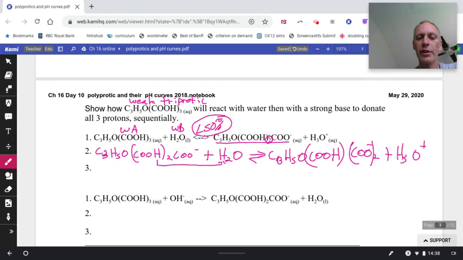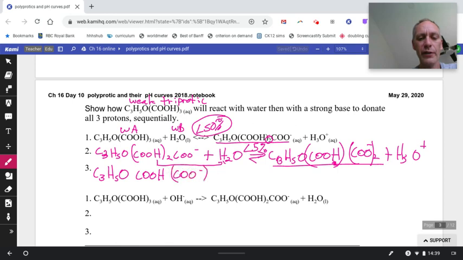If the first proton is less than 50, the second one is less than 5. And this is also a weak acid. It has 1 proton left, C3H5O(COOH)(COO minus)2. There's that acidic proton.